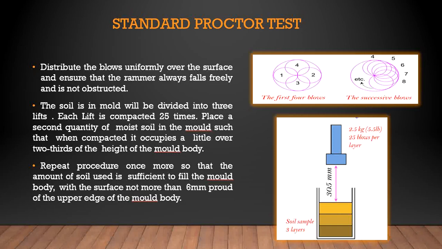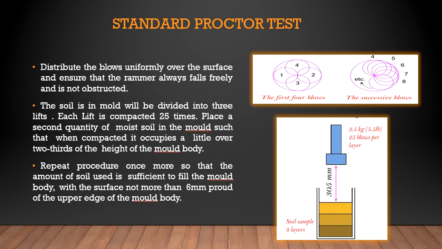Okay, then the bulk unit weight, that is gamma, of the soil is obtained by dividing the weight of soil by the volume of the soil, that is gamma is equal to W upon V. So with the help of this formula we can easily calculate the bulk unit weight of a soil, and a representative sample of the wet soil is taken and the moisture content is determined in the standard manner through oven drying.